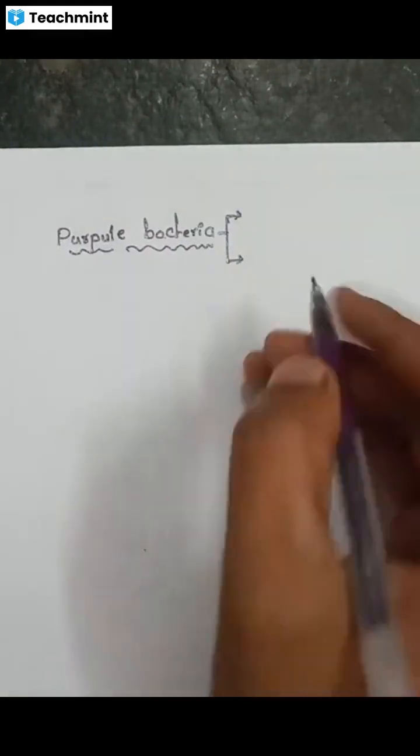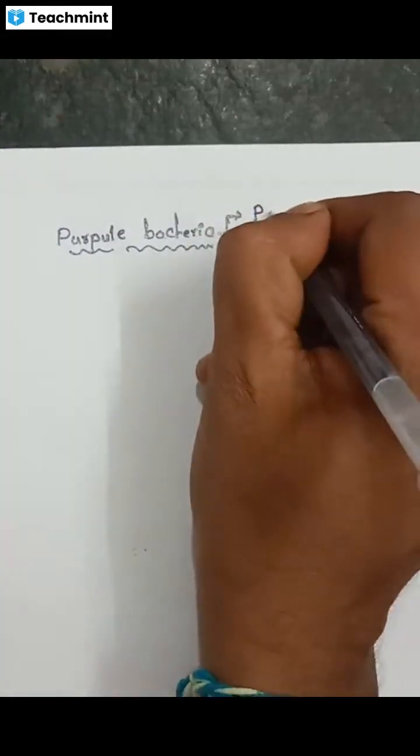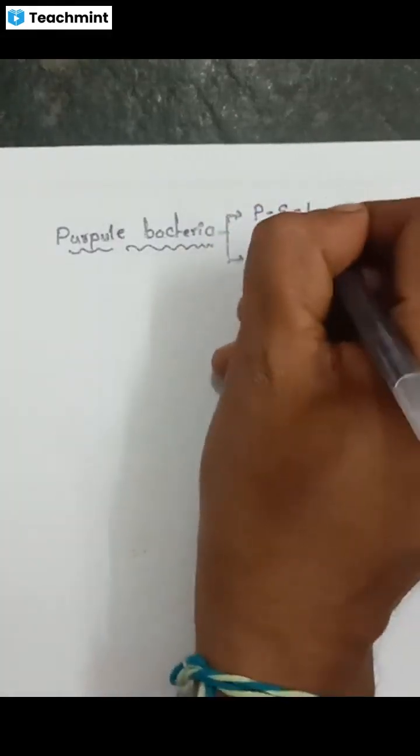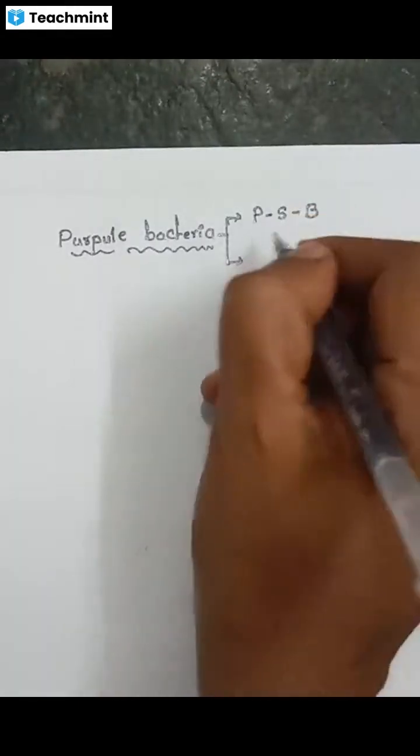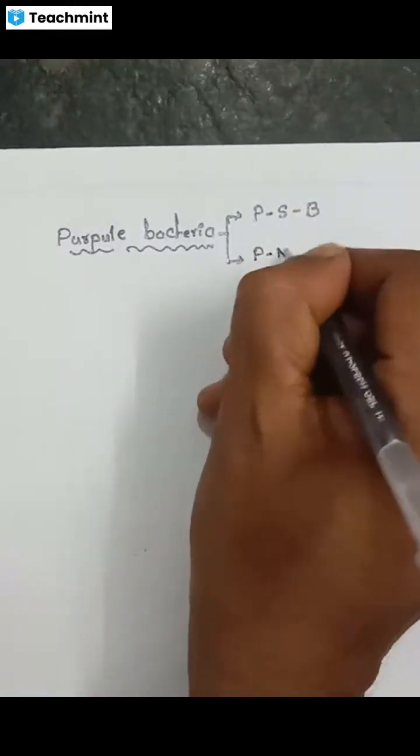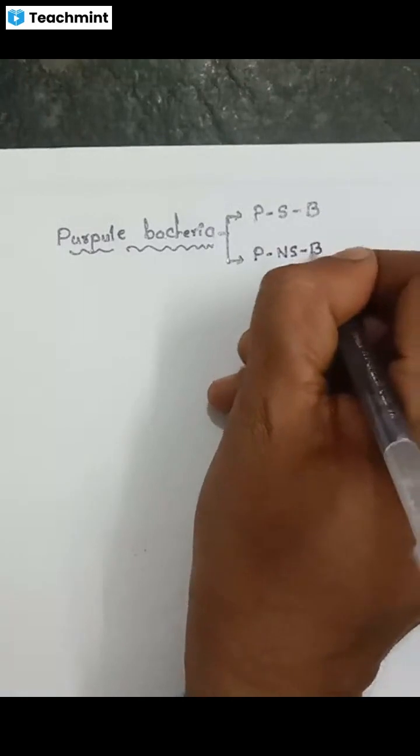They are purple sulfur bacteria and purple non-sulfur bacteria. So clear.